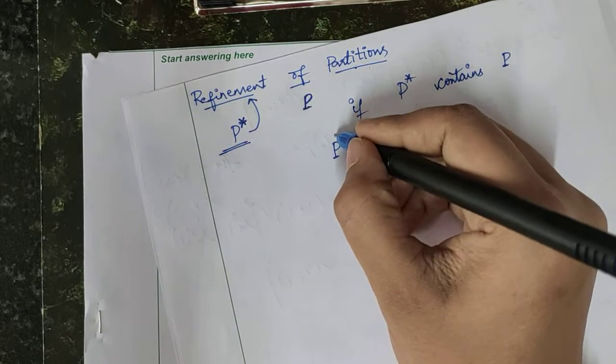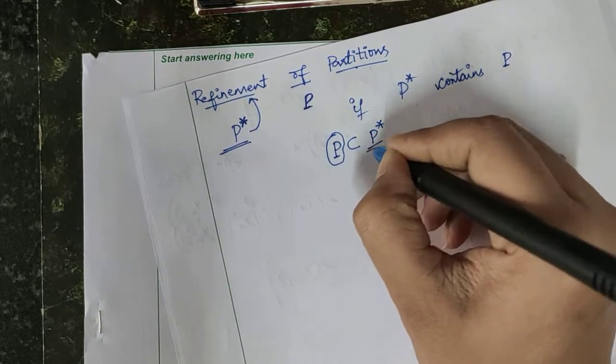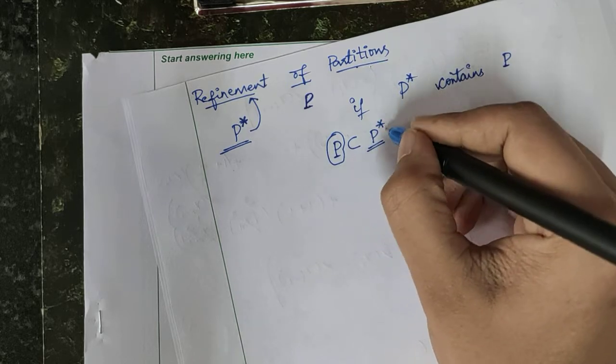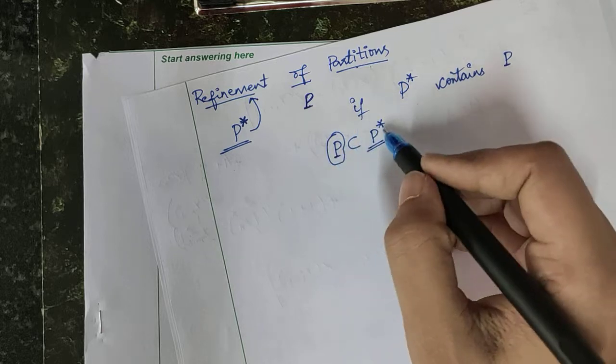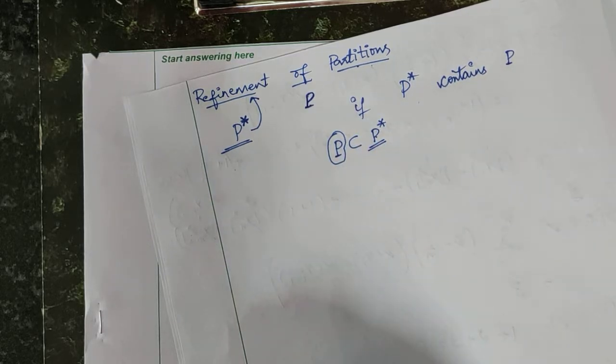That means P is contained in P star. P star is my new partition and in that new partition all the points of P are contained.